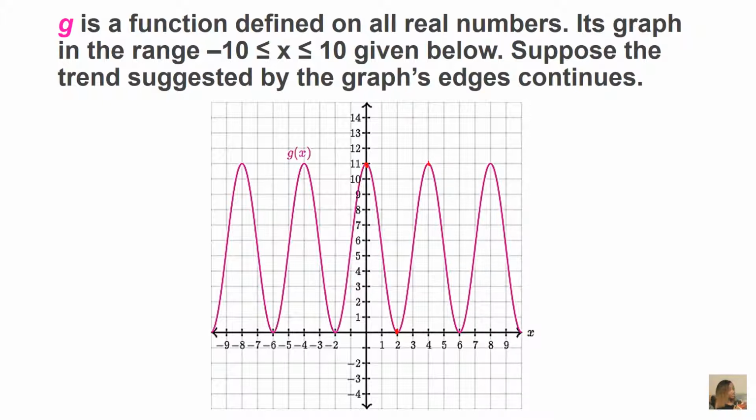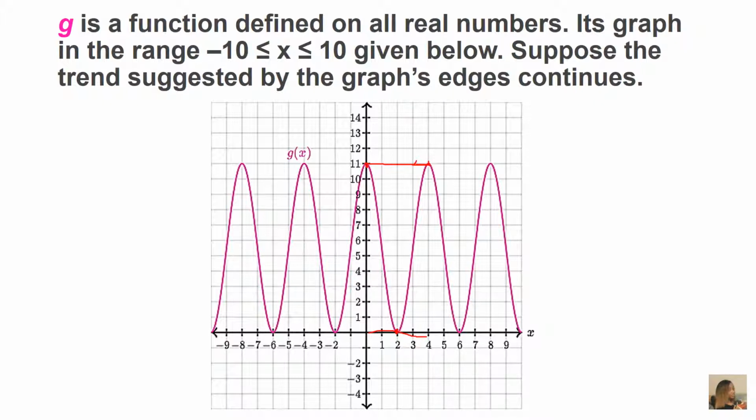So this is a period: the interval it takes to return back to its original value, and we see that occurs over a range of 4 units.